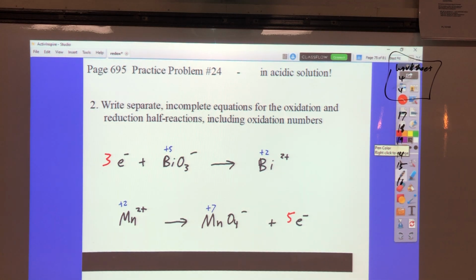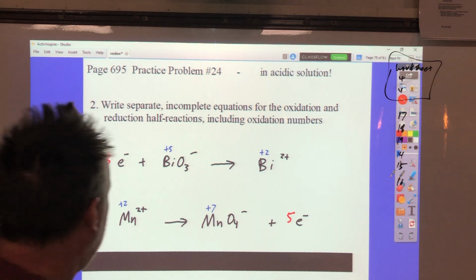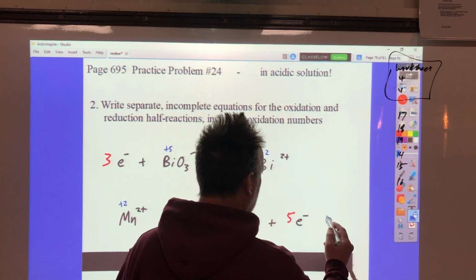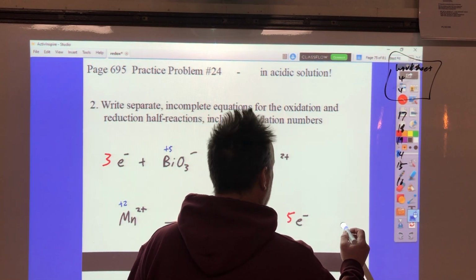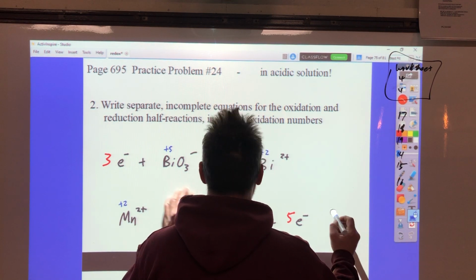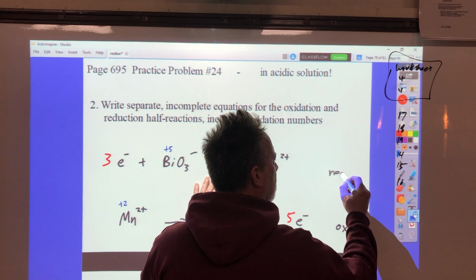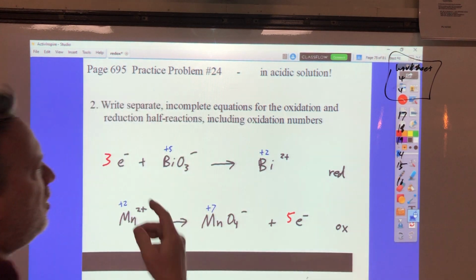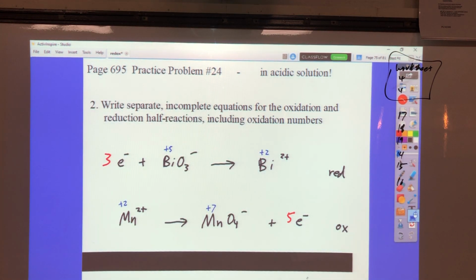I have to fix that. Sorry for the time delay, but that's just the way it goes. Once these flip charts are all done and all these things are fixed, when you're long gone. Let's see. Oxidation is losing and reduction is gaining. And I'll switch their positions possibly later.